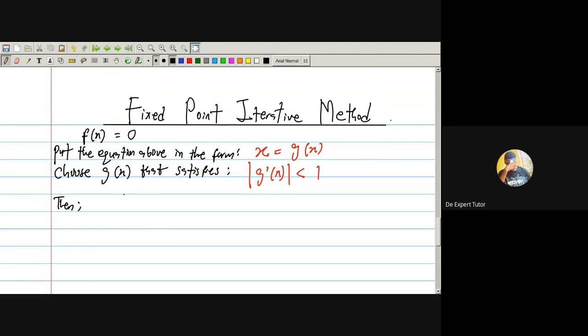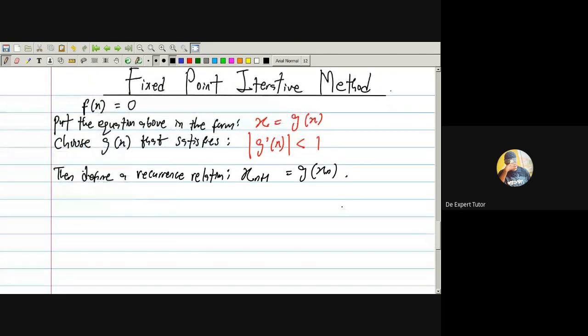Then define a recurrence relation: x_{n+1} equal to g of x_n. Then from there, you start iterating. How do you know where to stop? What is the stopping criterion? When any root repeats itself, that will be your approximate root. Now let's look at this example.